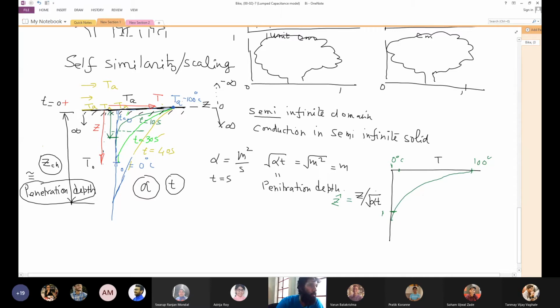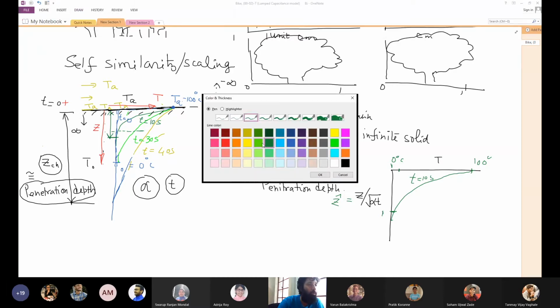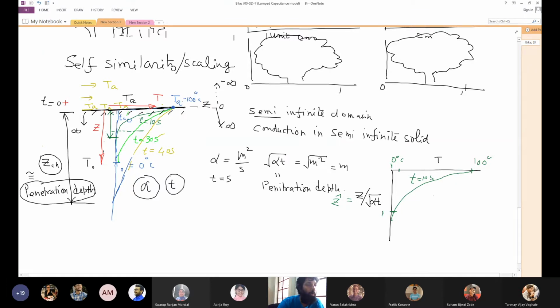This is our t equals 10 seconds. Now if we plot t equals 30 seconds, can it go something like this, or should it end somewhere around 1 again?